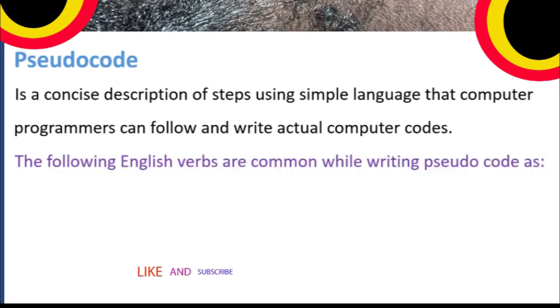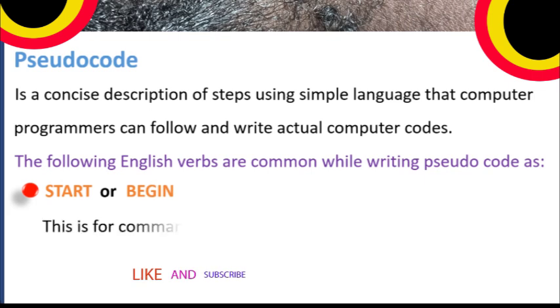So, the following English verbs are common while writing pseudocode, such as start. What does start mean? Or begin. Start or begin. Here you show that this is for commanding an application to open.